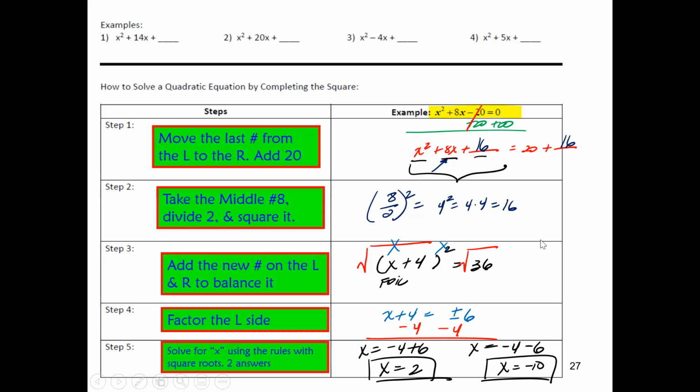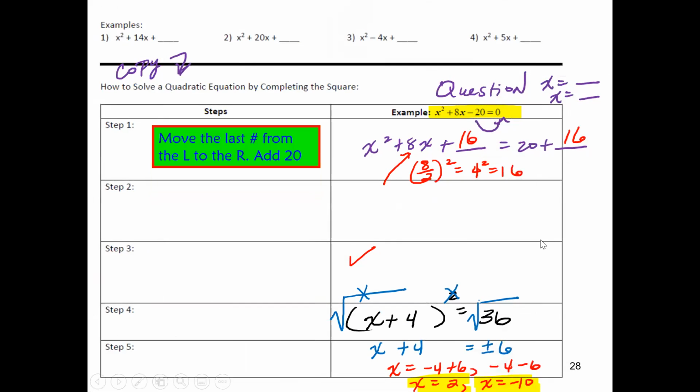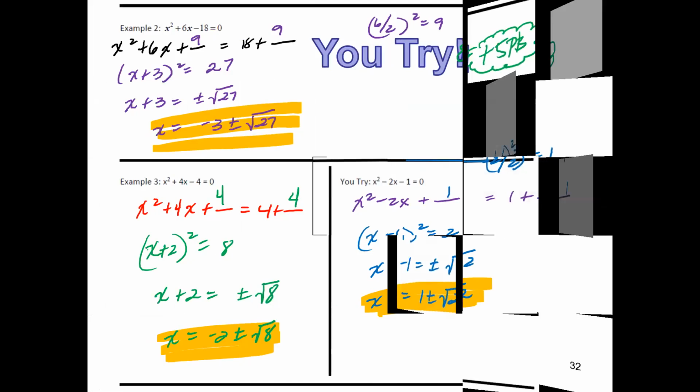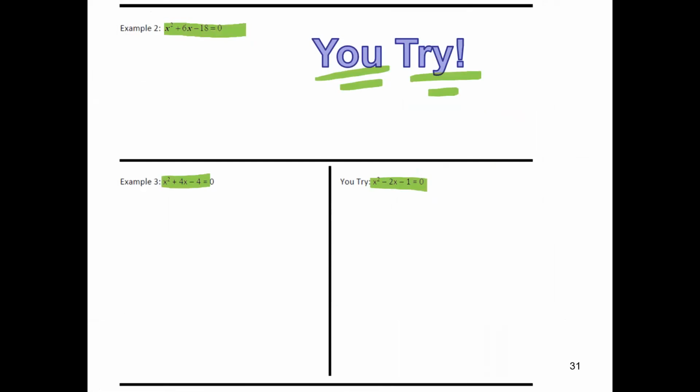Pause the video. All right, let's see if you guys can go and try one on your own. Go ahead and take a look at example 2 and give that a try.